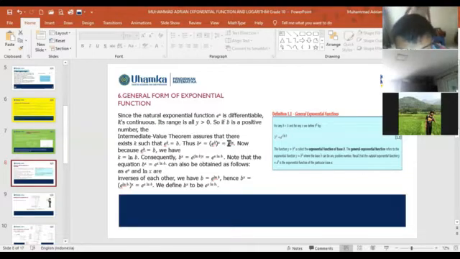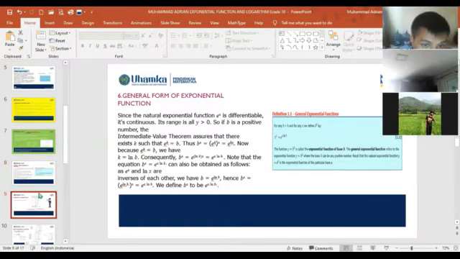Hence b power x equals e power (x logarithm b). Define b power x to be e power (x logarithm b).